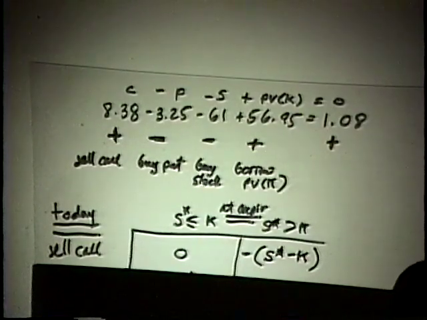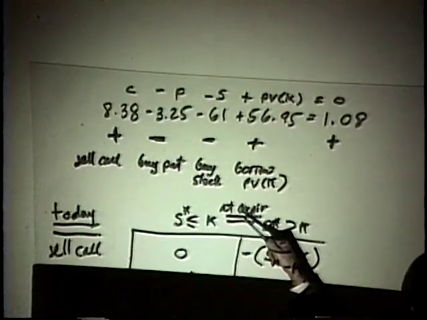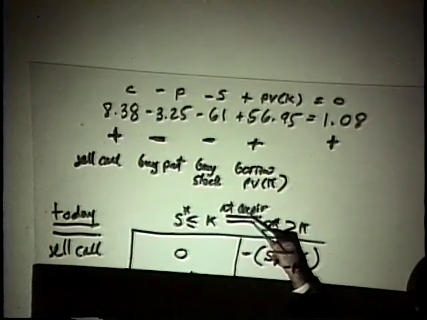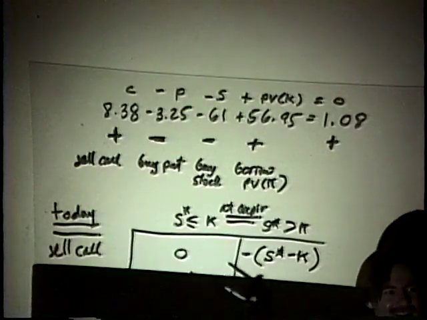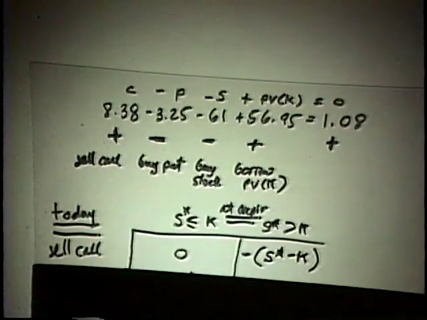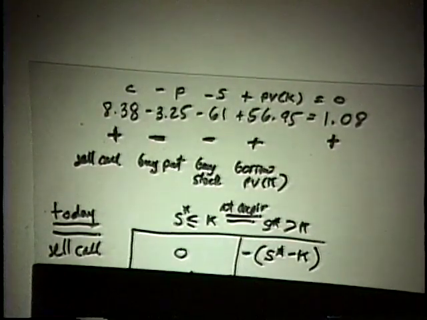What does that say between the S star less than or equal to K and the S star greater? Oh, sorry. It's at expiration. It's my short form for that. Question. Zero. Conceptually, if the stock price was below the strike, wouldn't the premium collected be the payoff?